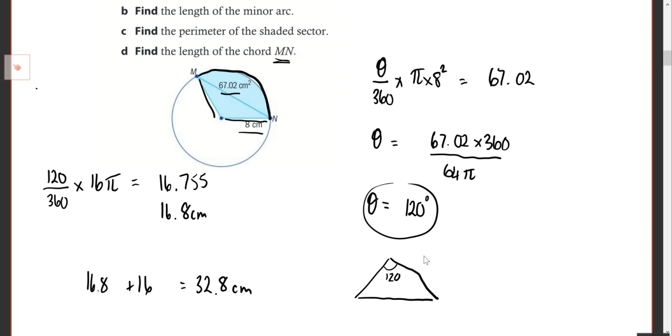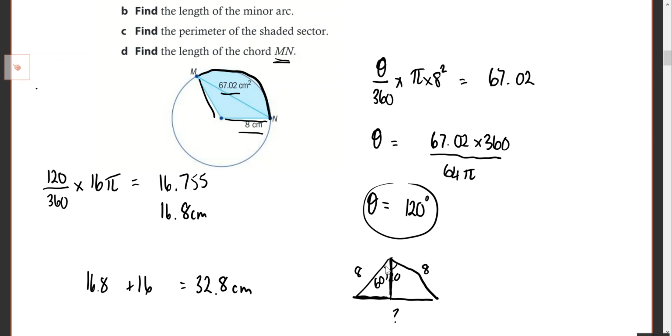This length is what I want to find. I know this is 8 and this is 8. So we do actually use right-angled triangles, but we cut it in half. It's an isosceles triangle, so this angle is then 60 degrees.